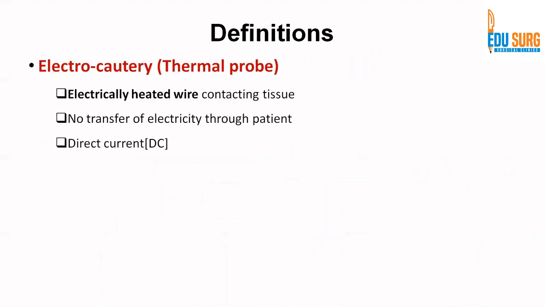So first of all, it is very important to understand that we routinely call the entire machine and the entire set as cautery, but that is wrong. Technically, electrocautery is an electrically heated wire which comes in contact with the tissue. So basically, the energy that destroys the tissue is thermal energy and not electrical energy.